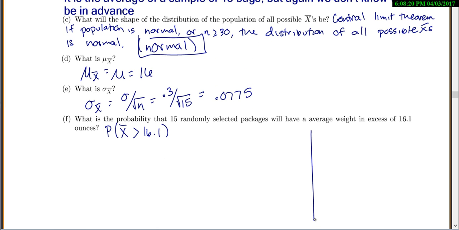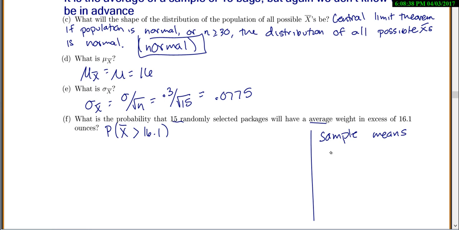Now notice in this case we're talking about 15 packages having an average, so we're talking about X bars. So if we're talking about sample means, you need to use the formula for sample means.